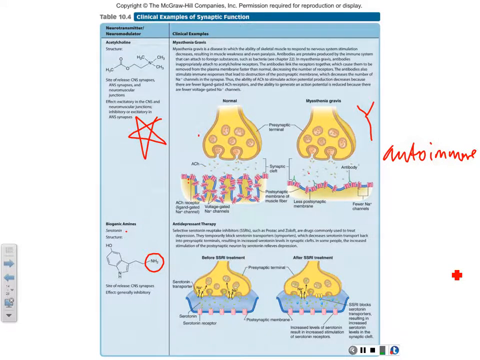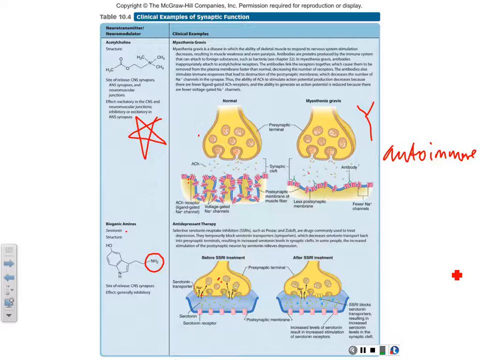It is also symported back into the presynaptic cell via the sodium symport. Most of these neurotransmitters are symported by the sodium symport. Okay, so what does the selective serotonin reuptake inhibitor do? It will inhibit this sodium symport, so that you have more serotonin to do that inhibition.